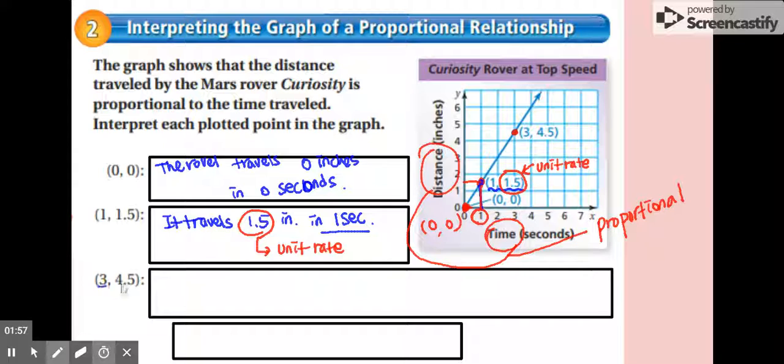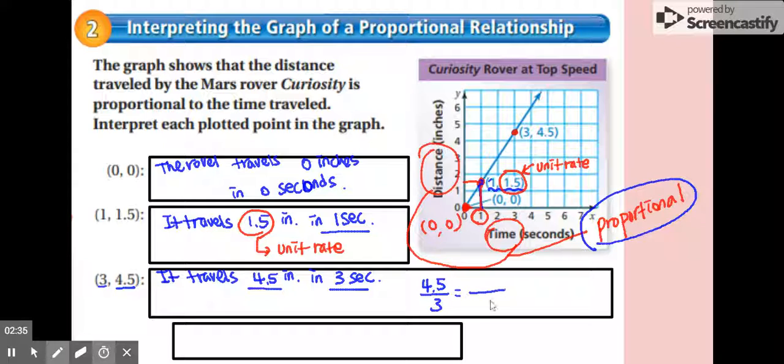What about (3, 4.5)? 3 seconds and 4.5 inches. It means it travels, you have to keep copying the same thing, 4.5 inches in how many seconds? 3 seconds. And as you see, the time and distance are proportional, so you can also use these numbers to find the unit rate. 4.5 over 3, and per 1, what is it?